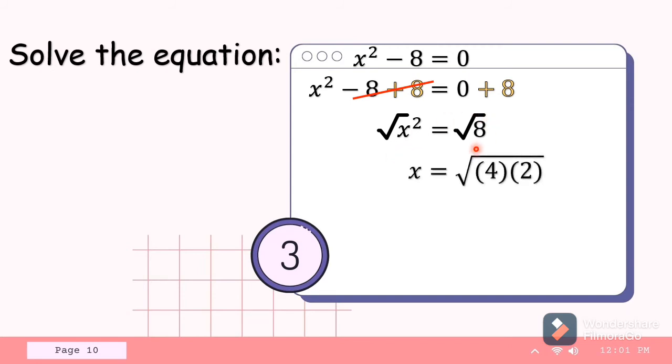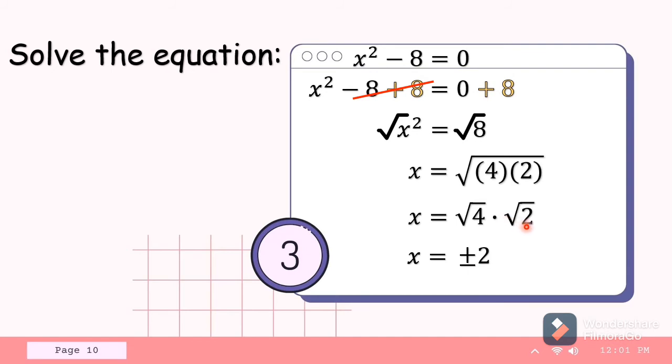And then, square root of 8, since 8 is not a perfect square, let's find the factor of 8. So, ang factor niya ay 4 at 2. So, we have x is equal to the square root of 4 times the square root of 2. Square root of 4 is equal to positive and negative 2.